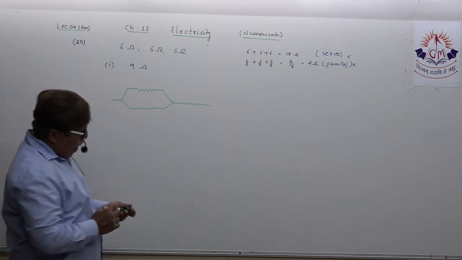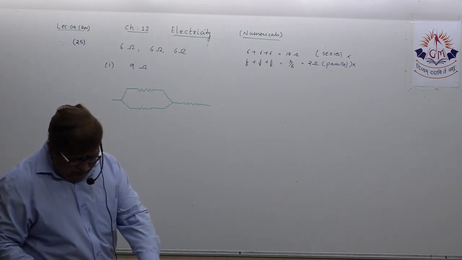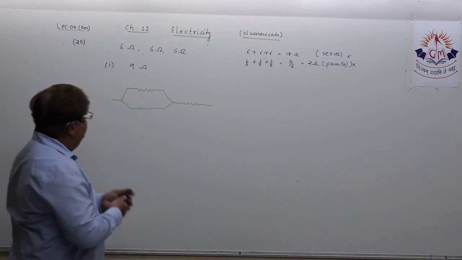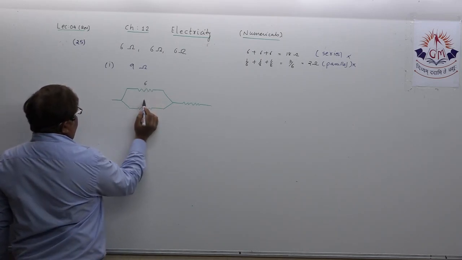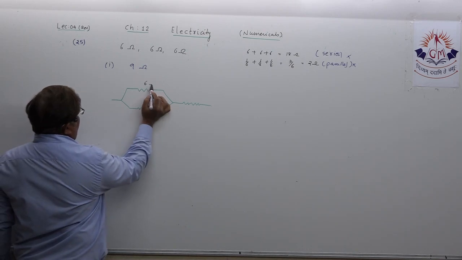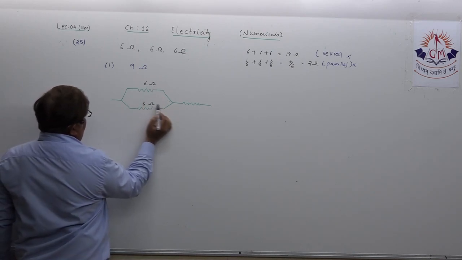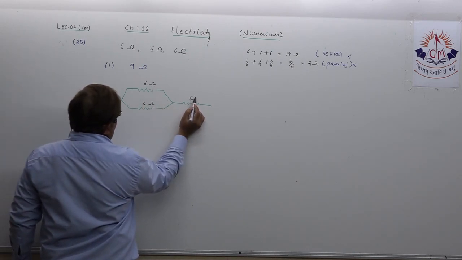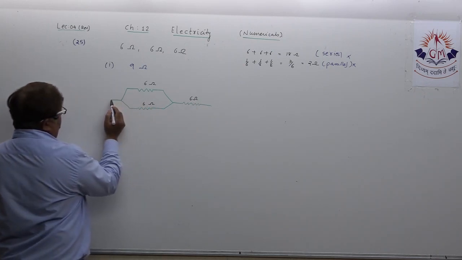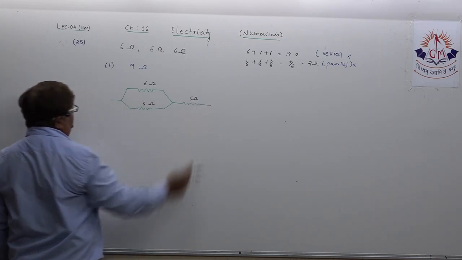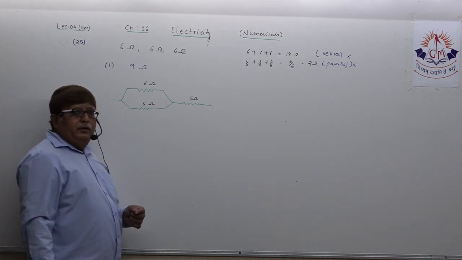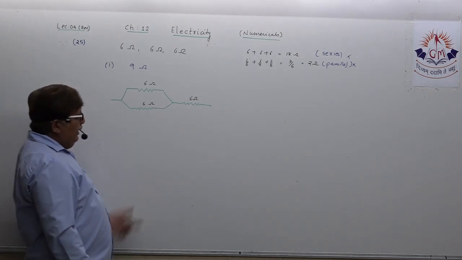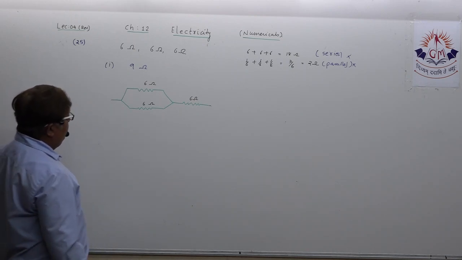All are of 6 ohm, that you all know very well. This is also 6 ohm, this is also 6 ohm, and this is also 6 ohm. The first combination I just highlighted: 2 in parallel and then in series. Are we getting any answer from this?